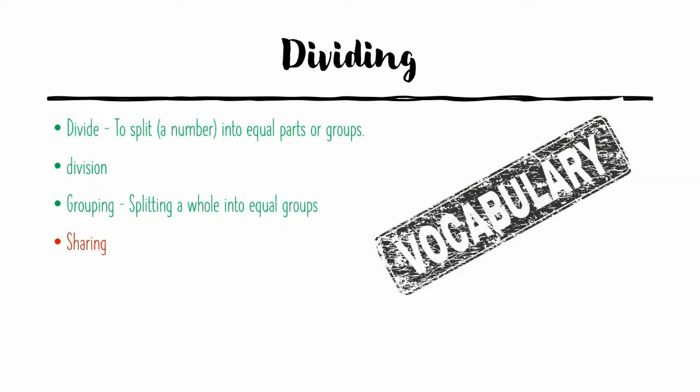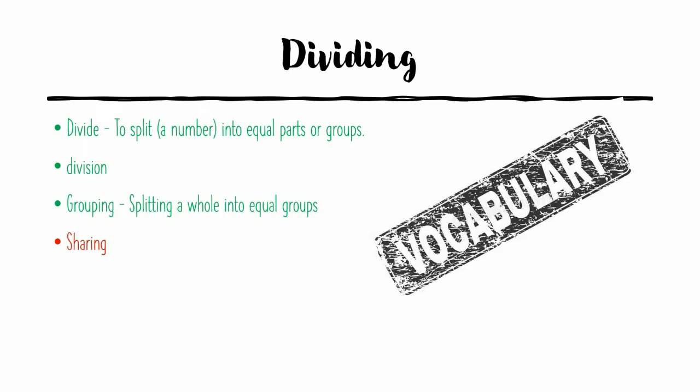Dividing. Divide. Divide means to split a number into equal parts or groups. So my turn, your turn. Divide. Split a number into equal parts. Divide. Split a number into equal parts or groups. Division.